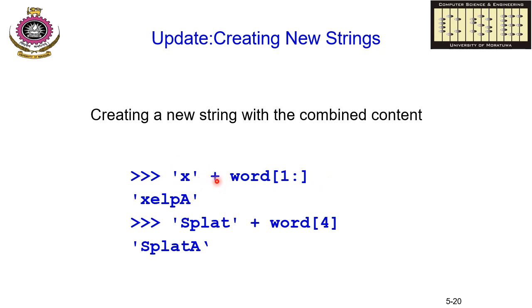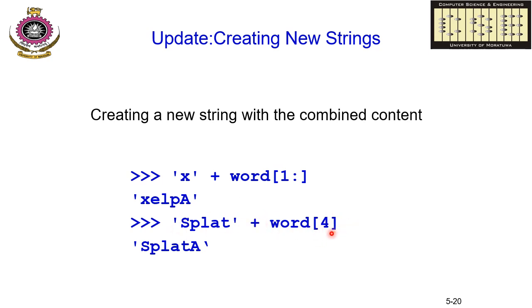That means concatenate. By concatenating several parts, you can produce new strings. But we can never change the existing strings, because we have seen very clearly that strings are immutable.